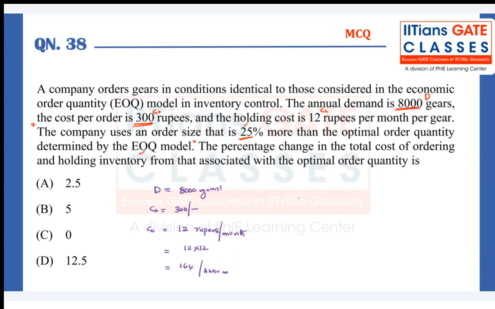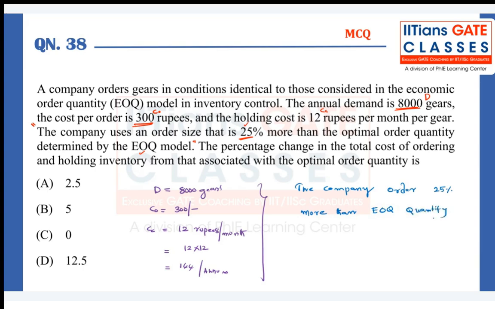Right. Now, first, the actual quantity ordered. The company orders 25% more than the EOQ quantity.